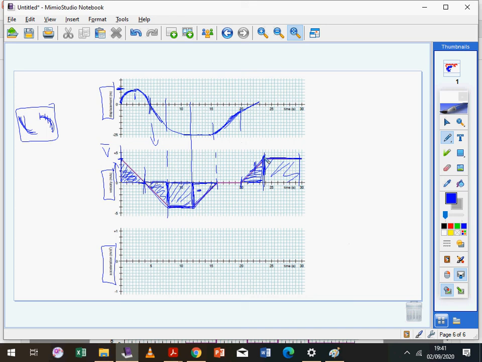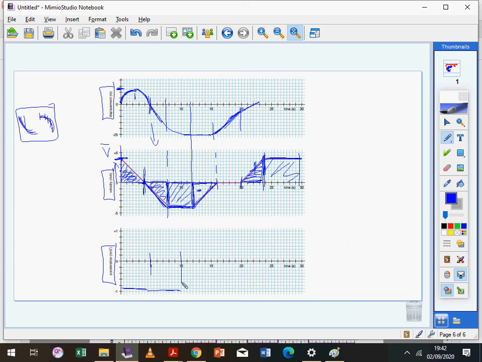The acceleration time graph, so look at this. From this position up to this position, what's the value of the acceleration? From this time to this time, it has a negative acceleration. From here to here, the speed is increasing in the negative direction, so still negative acceleration.